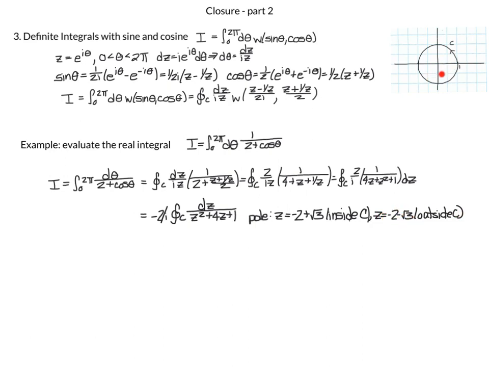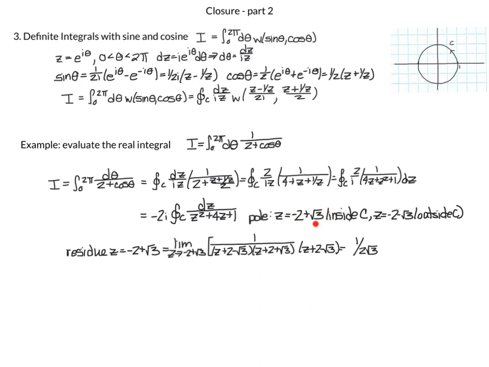This is negative. Oh, it's not just negative. It's negative with magnitude greater than 1, which is outside our circle, our unit circle C, which means we need the residue at z equals minus 2 plus square root of 3.